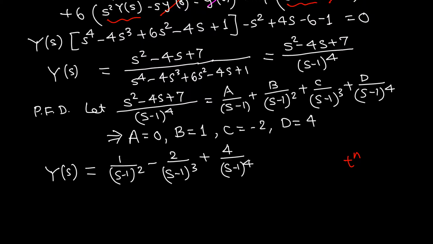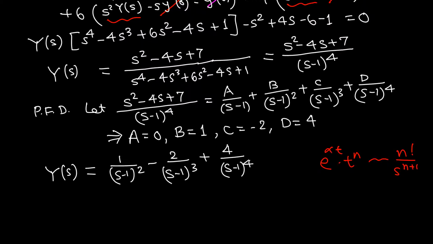Note that the Laplace transform of t to the n is n factorial over s to the n plus 1, and when we have e to the alpha t times that, this s becomes s minus alpha.